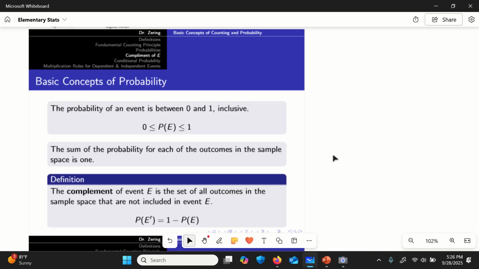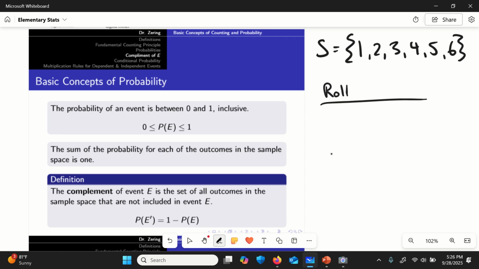Back to the slide. The sum of the probabilities for each of the outcomes in a sample space is 1. So for instance, with rolling the dice, the sample space is that you could roll a 6-sided dice and arrive at one of 6 numbers. Let's have our roll number, and we'll make a little probability table here.